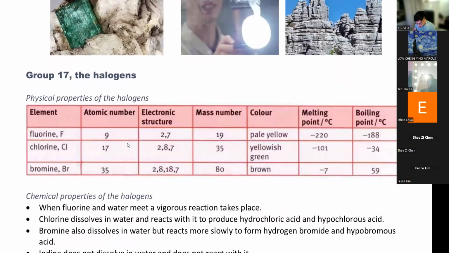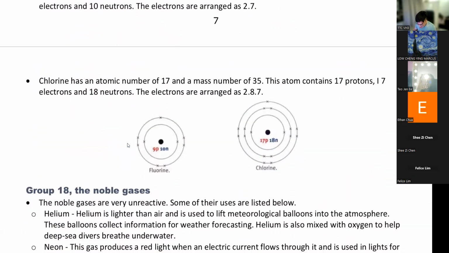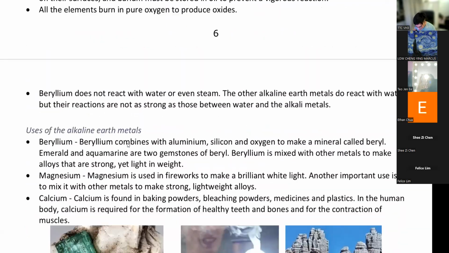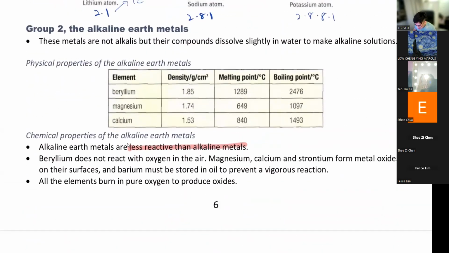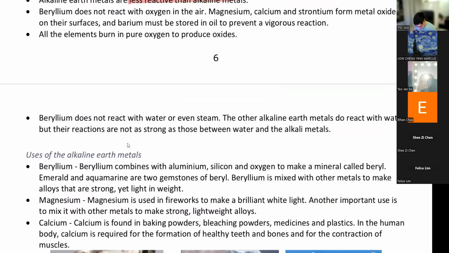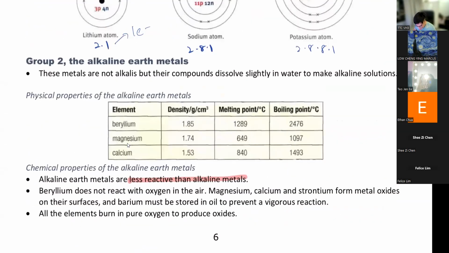But for group two, you see how many they have on the outermost? Okay, I didn't show it here. Group two, they have 2 on the outside. Let's say beryllium, beryllium is 2.2. So you see, they have 2 to throw.